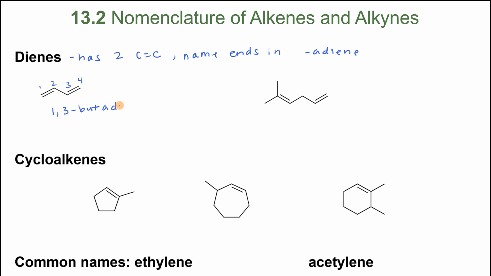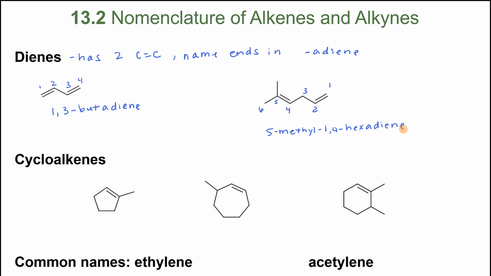A diene tells us that there are 2 double bonds, and the 1 and the 3 tell us where they both start. If I number this way on the second molecule, this will give me the lowest alkene start place. So this will be 5-methyl-1,4-hexadiene. Again, the 1 and the 4 tell us where the carbon-carbon double bonds start.